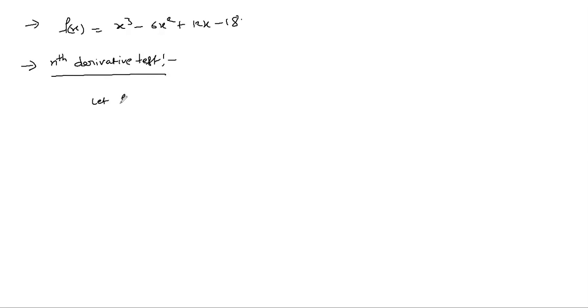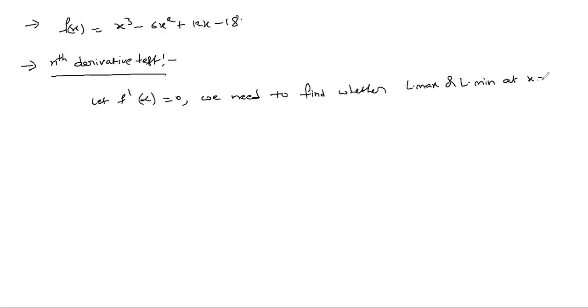Let f dash of alpha equal to 0. We need to find whether local maxima or local minima exist at x equal to alpha, or none of these.